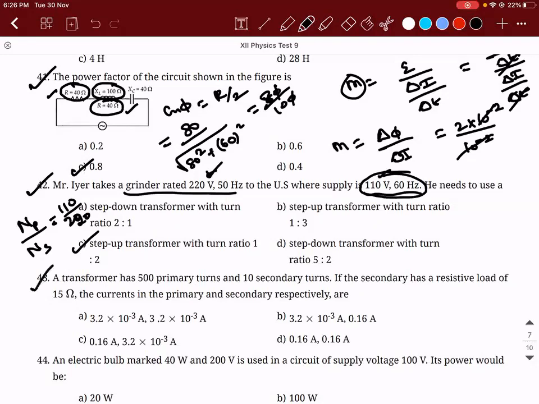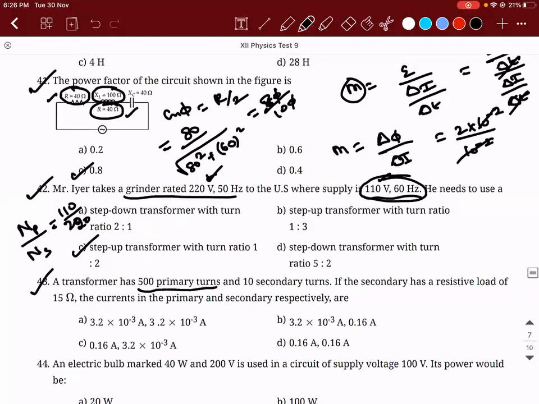43rd. There is a transformer which has 500 primary turns and 10 secondary turns. If the secondary has a resistive load of 15 ohm, the currents in the primary and the secondary coils are. Tell me the answer, please. A transformer has 500 primary turns and 10 secondary turns. If the secondary has a resistive load of 15 ohm, the current in the primary and the secondary are.